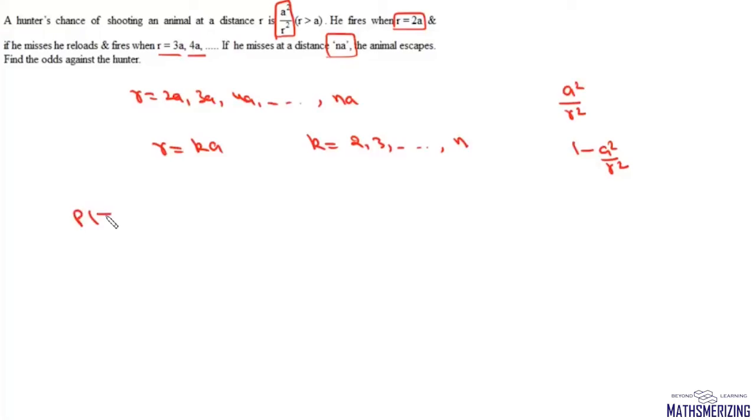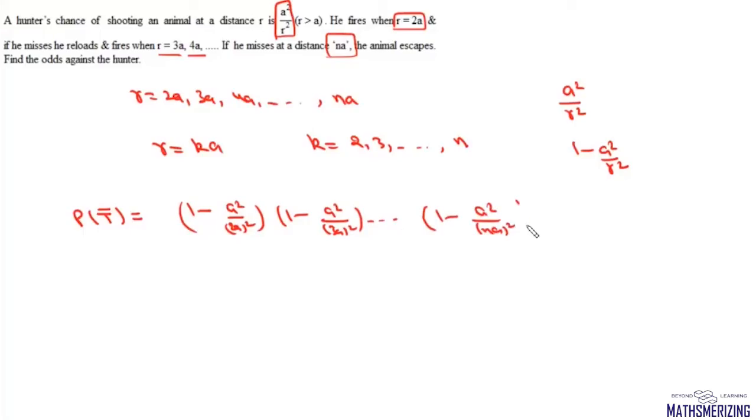The probability that the hunter misses the target will be given by: he missed at the first place, 1 minus a square upon 2a square, into 1 minus, he misses at a distance of 3a, up to 1 minus, he misses at a distance of na also.